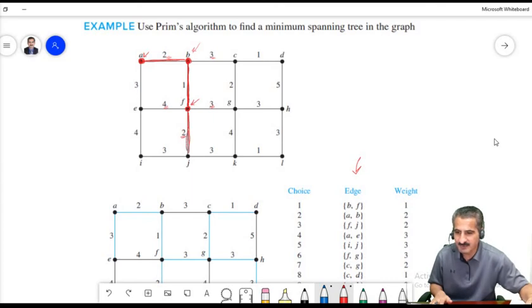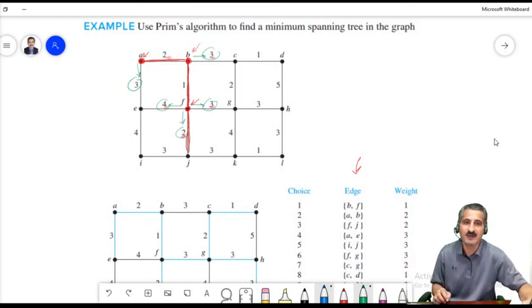I choose it because this 2 is smaller than any number that I can see from A. I can see 3. From B, I can see 3. From F, I can see 3. And from F this way, I can see 3. But from F this way, I can see 2. So this is the smallest.